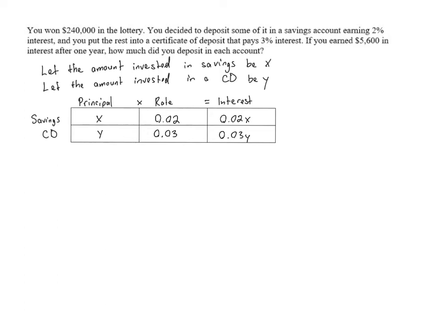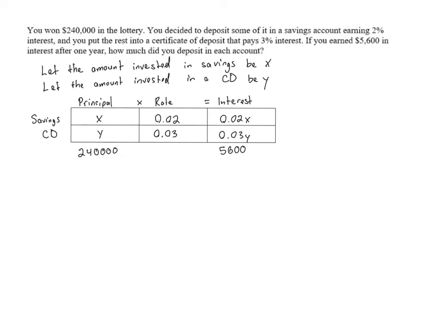And there's two pieces of information we haven't used yet. First, $240,000 represents your total winnings in the lottery. Lucky you. And since you deposited that money in these two accounts, that's going to be a principal. In fact, the total principal. So I'm going to put that at the bottom of the principal column, $240,000. The other number that we haven't used yet is $5,600, and we're told that that's the total interest, so we'll put that in the bottom of the interest column.